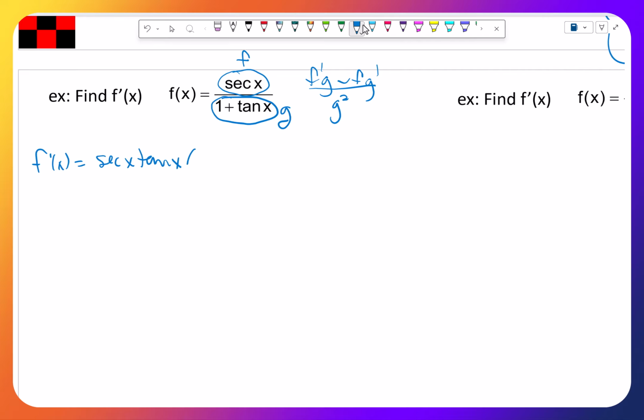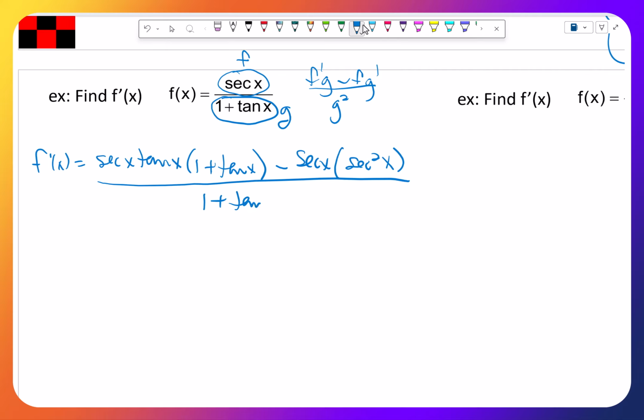Then we copy and paste the bottom, 1 plus tangent x, the g, minus. Is everybody with me? Okay, now f, we copy the top, which is secant, and then we take the derivative of the bottom. The derivative of 1 is 0. The derivative of tangent is secant squared. All over 1 plus tangent x squared.